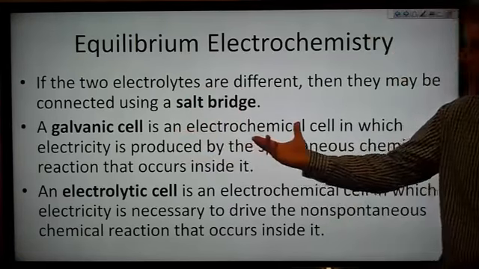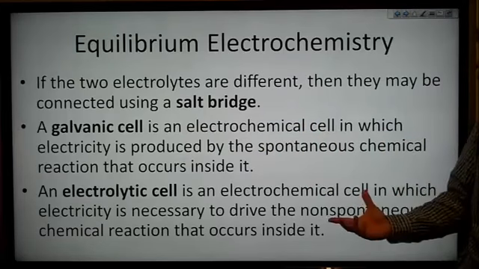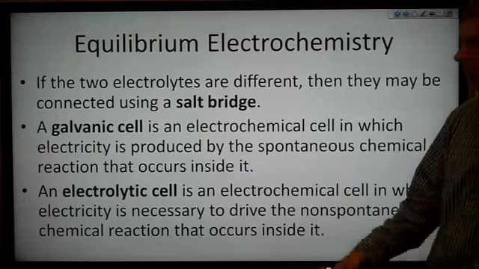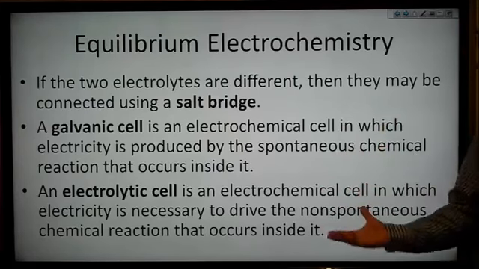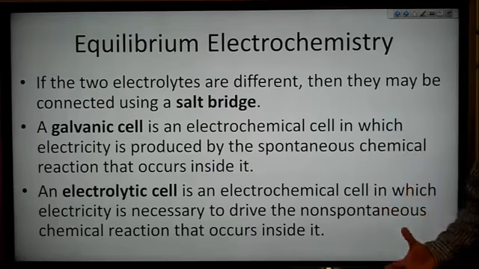And so a galvanic cell is an electrochemical cell in which electricity is produced by a spontaneous chemical reaction that occurs inside of it. An electrolytic cell is an electrochemical cell in which electricity is necessary to drive some non-spontaneous chemical reaction that occurs inside of it.